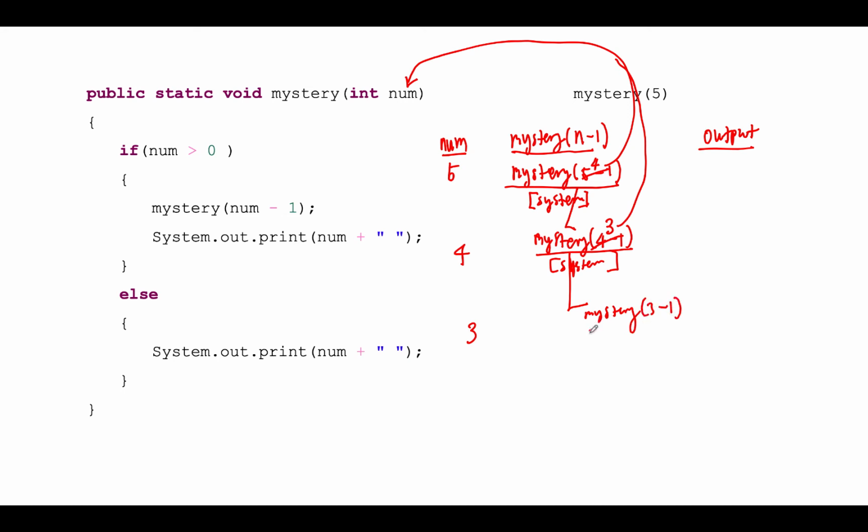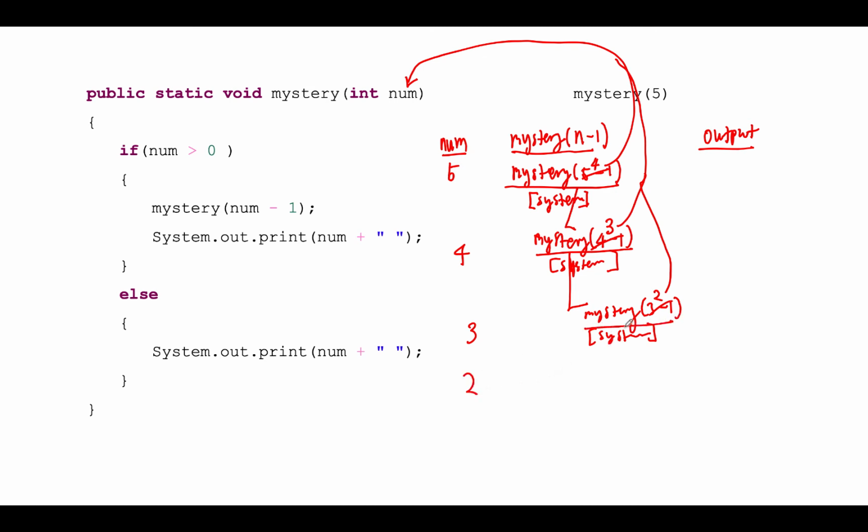And of course, that system print statement is put on hold. Once we take care of mystery 3 minus 1, we get to go to the next line. So mystery 3 minus 1 is going to make a recursive call to mystery itself again. This time our num value is going to be 2.